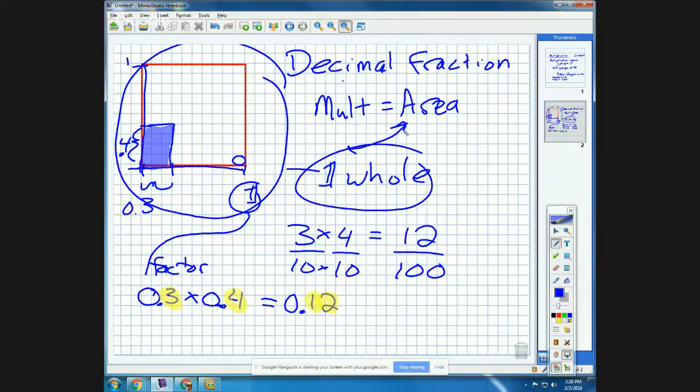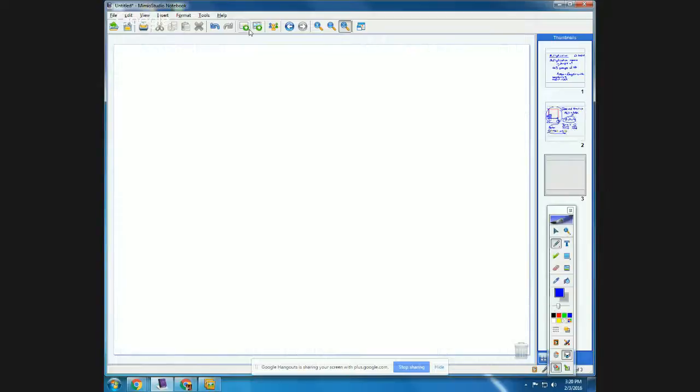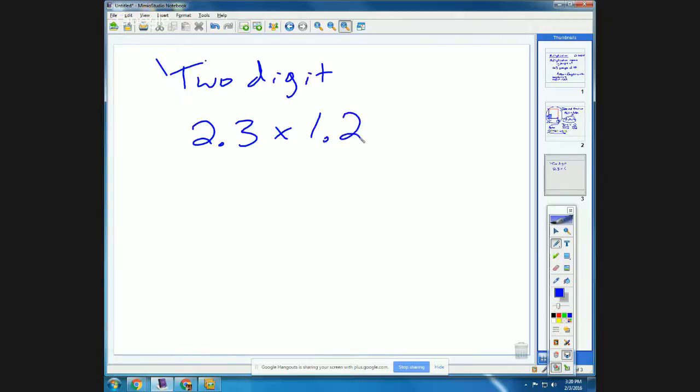All right, so here comes the more exciting part. Here we have a model, and that model led to an algorithm. Now, 2-digit multiplications. To do the 2 digits, we can easily do stuff like 2.3 times 1.2.